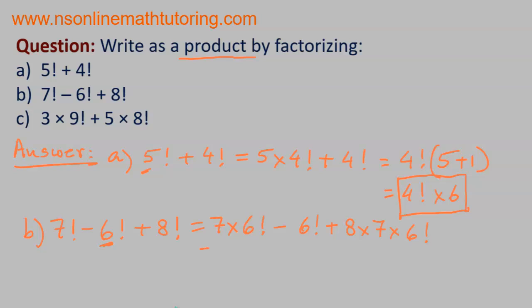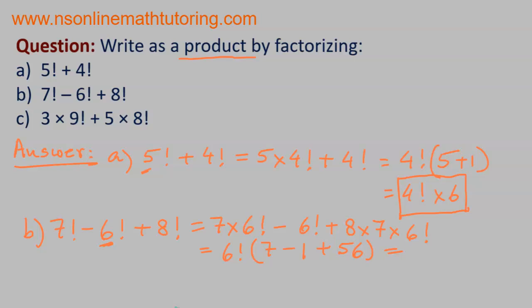So this is equal to, I will be taking the 6 factorial out as the common factor between the terms, and from the first term we get 7, from the second term we get a negative 1, and from the third term it is 8 times 7, which is 56. Okay. So 56. What is this equal to? 56 minus 1 is 55 plus 7 is 62.